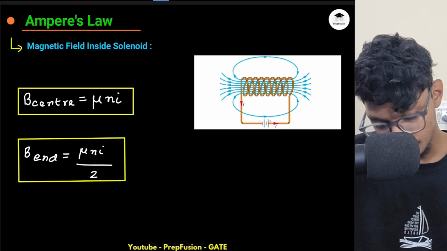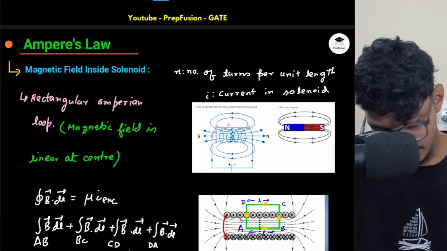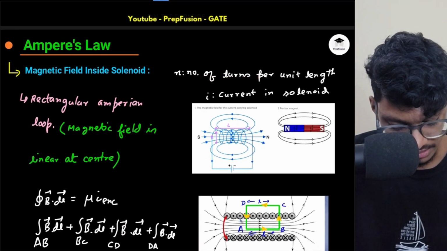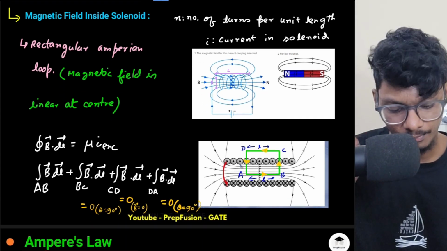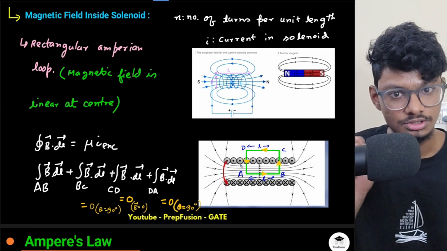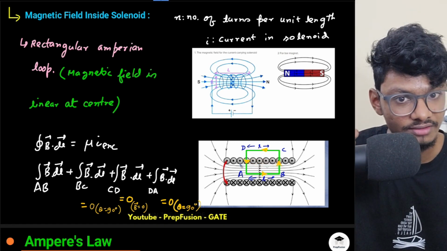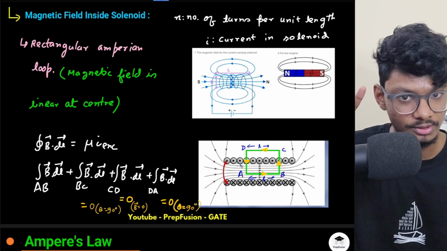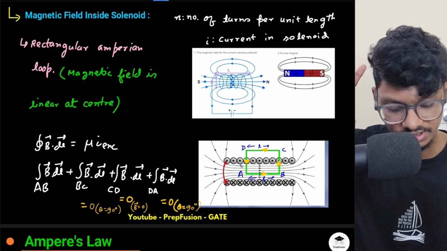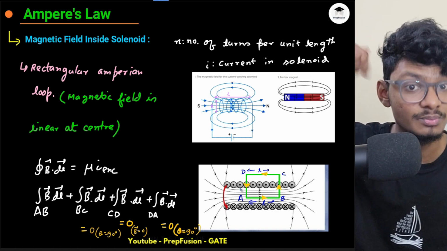I hope you understand this point. What do I mean by n? n is basically the number of turns per unit length. Let's say n equals 2 per meter. If this length is 1 meter, how many turns will I have? I multiply 2 into 1, so I will have 2 turns. So if n equals 2 per meter, that means I have 2 turns per meter.